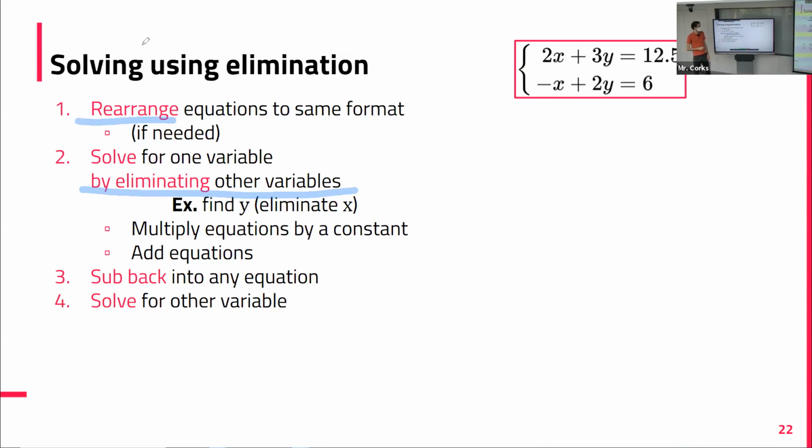Y? Why would you choose that? Okay, we can do both. Which one seems easier? Okay, x.